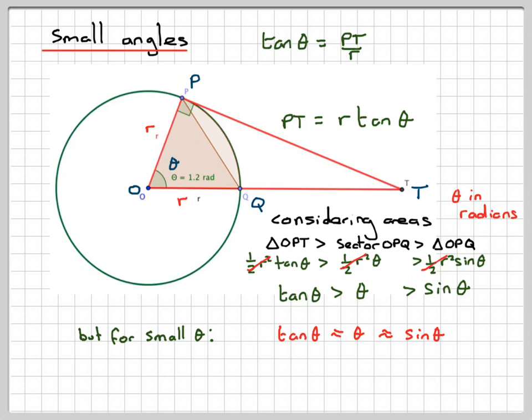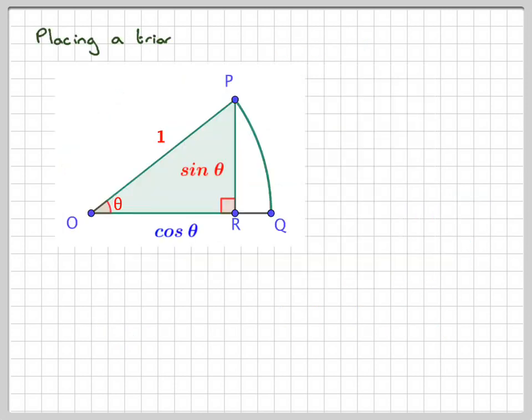So now, what about cos theta? Well, if we place a right angle triangle on the unit circle, that means that the radius here is 1, and the distance OQ will also be 1. Then this length here, OR, is cos theta, and this length here is sine theta.